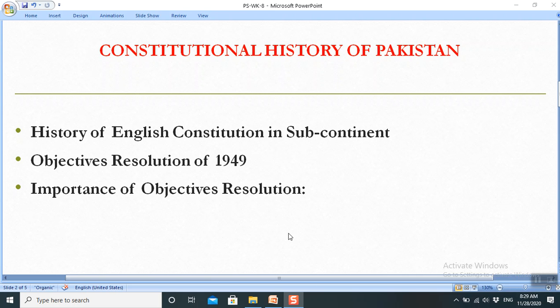Whereas, unfortunately, in the history of Pakistan, we didn't have any strong constitution that could truly express the objectives of the state and the aspirations of the people of Pakistan.